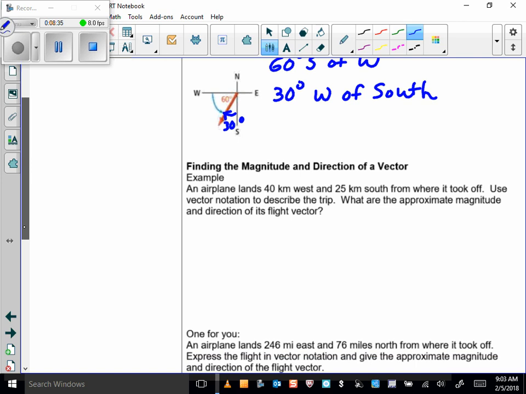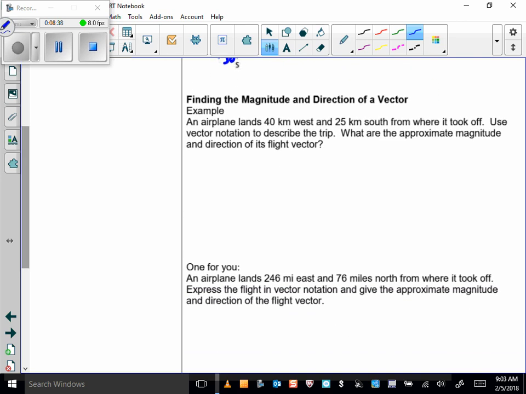All right, now we want to find out how to find the magnitude and direction of a vector. So let's take this problem. An airplane lands, I'm going to draw myself a sketch over here. Airplane lands 40 kilometers west and 25 kilometers south from where it took off. Okay, so let's assume it's taking off here.